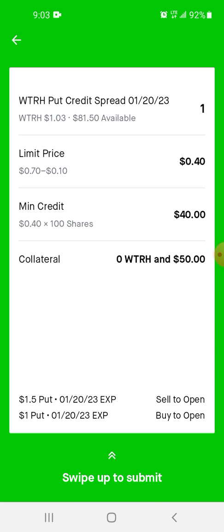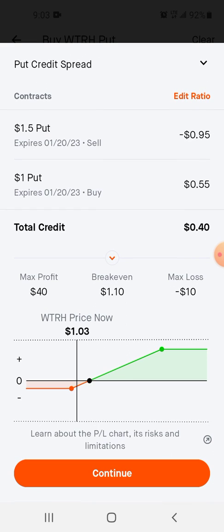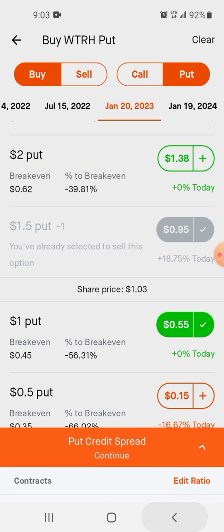So at the bottom, sell to open, buy to open. There's a 50-cent difference there, which is $50. But I'm making money. Now there's some special options. Let's see what else you could do in this situation.